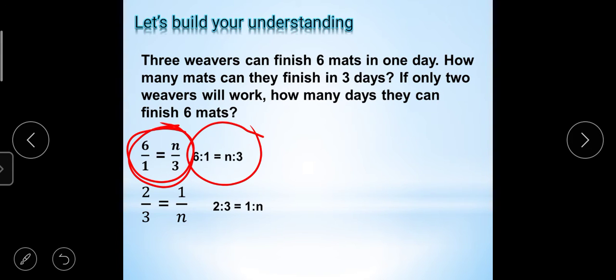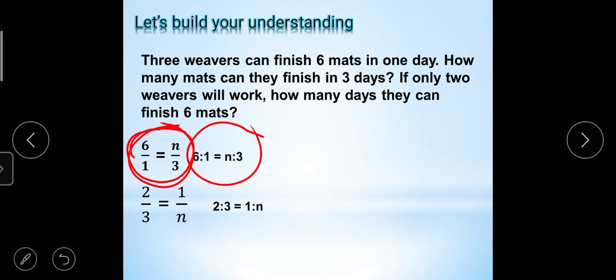Okay. So, what does 6 over 1 represent? Does it represent the number of days or the number of mats? Very good, the mats. So, it represents the number of mats. So, 6 mats, yung nasa taas, and then yung 1 represents the day.